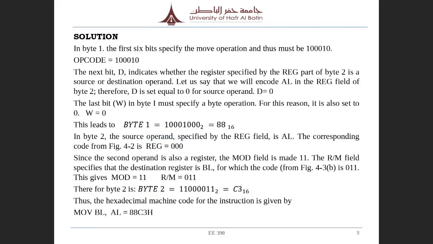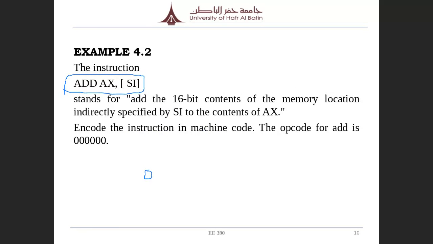So what is the machine code for ADD AX, [SI]? The machine code is 0304H, so 2 bytes. How many memory locations does it need to save this in memory? 2, because it's 2 bytes.